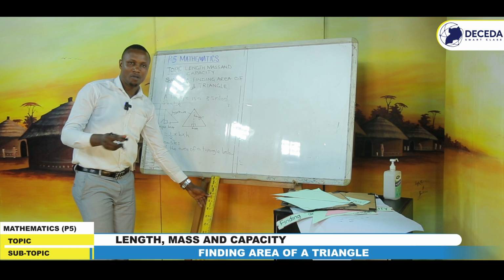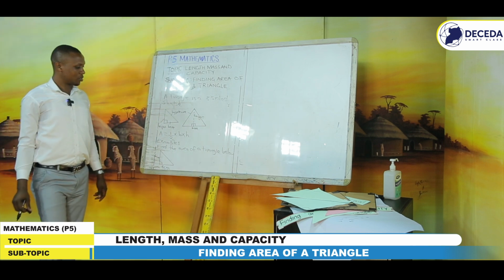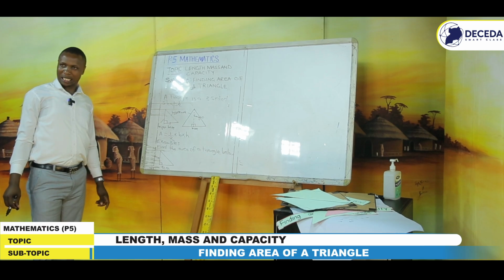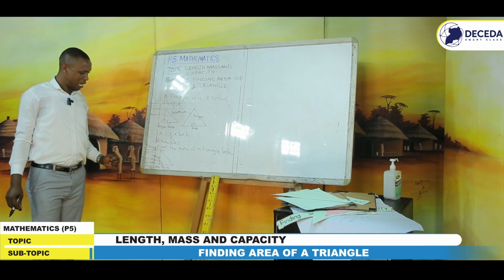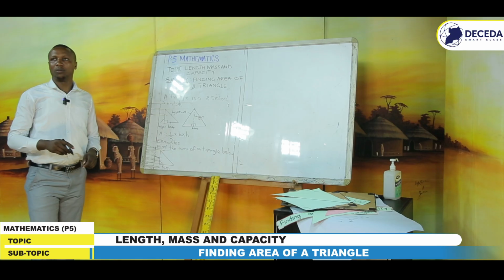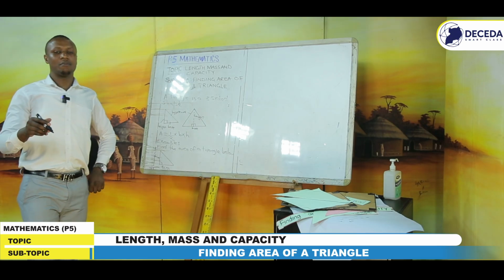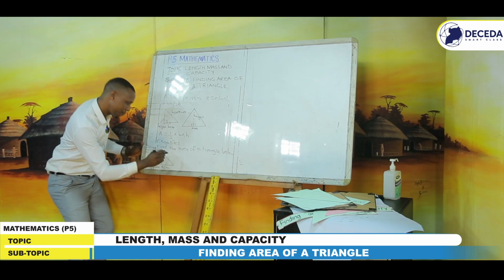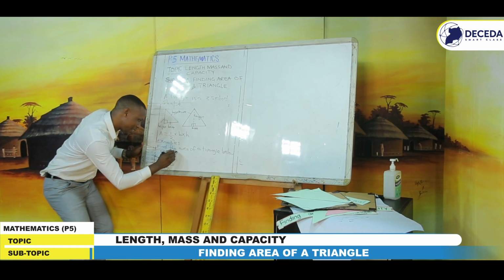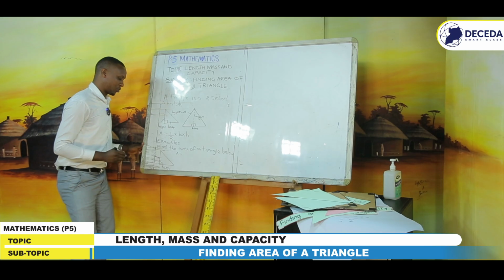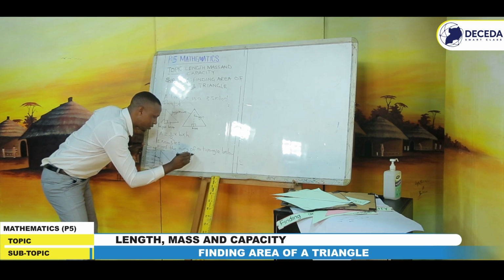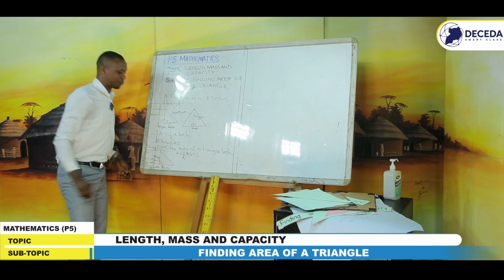The triangle here, as illustrated on the chalkboard, they want us to find the area. And as we have stated, the formula for finding the area of a triangle is that area equals a half times base times height.